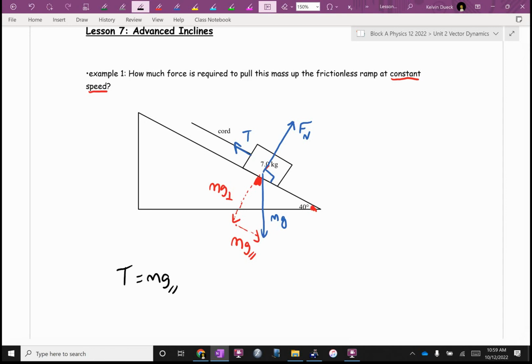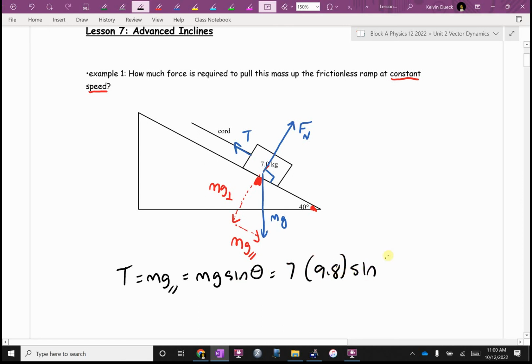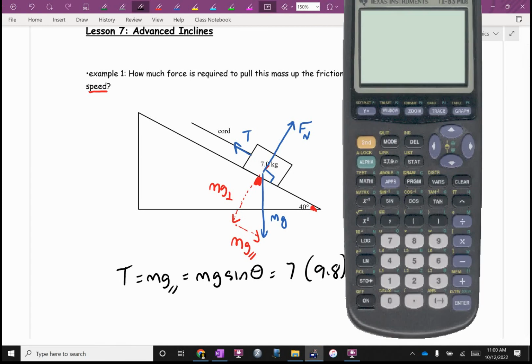Really? Jan had to help you with that? Wow. I don't think you did. So it's going to be m, 7, g, 9.8, sine 40, which is what? $44.1?